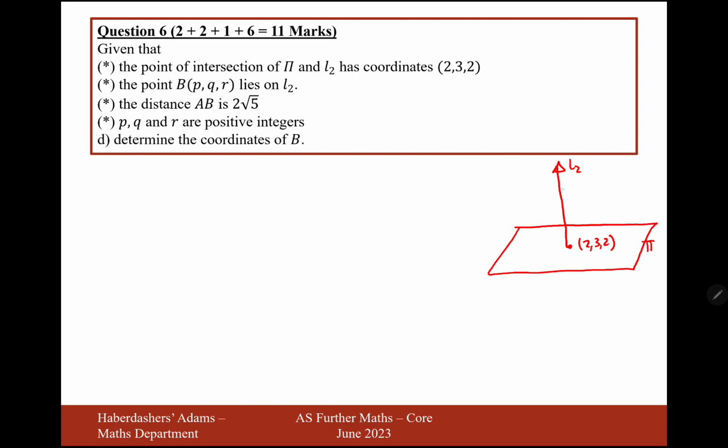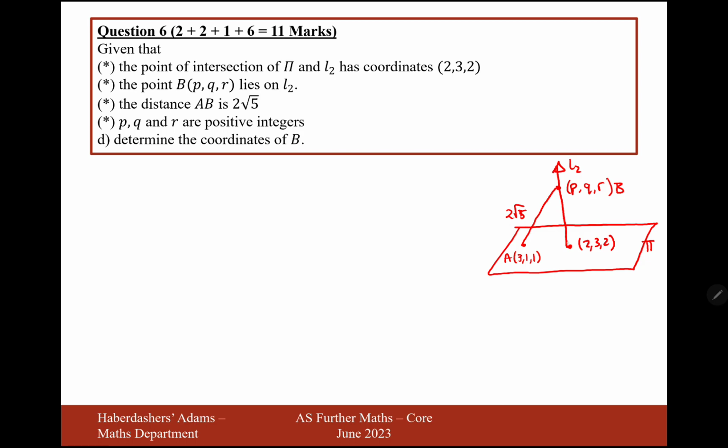The point B lies on L2, so this is P, Q, R. The distance of A to B is 2 root 5. Now what we know about A is that it's on the plane somewhere. So A, which is (3, 1, 1), is over here. And we're told that the distance between A and B is 2 root 5. Determine the value of coordinate B.